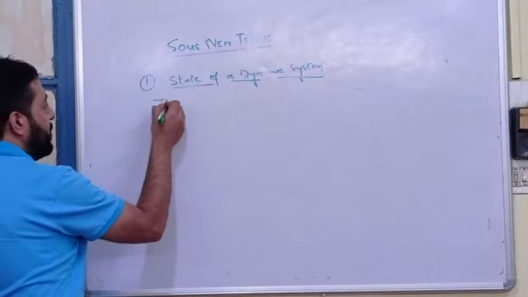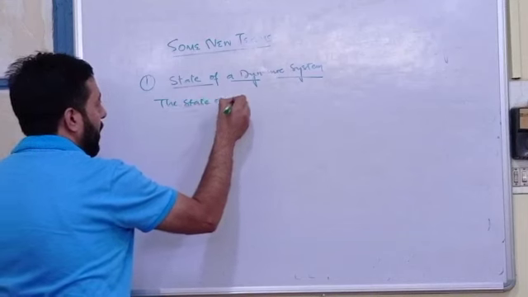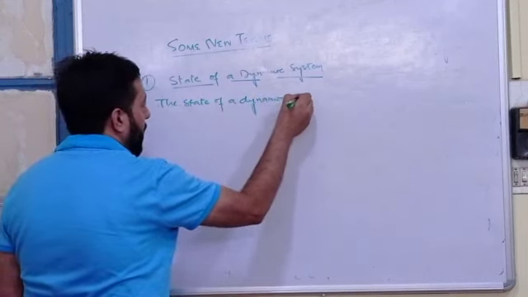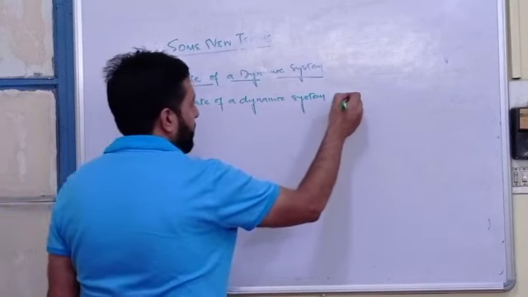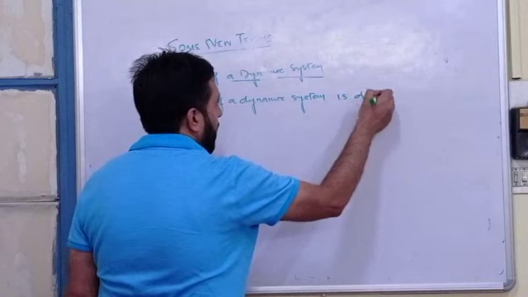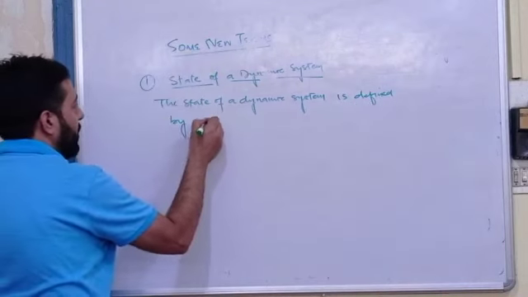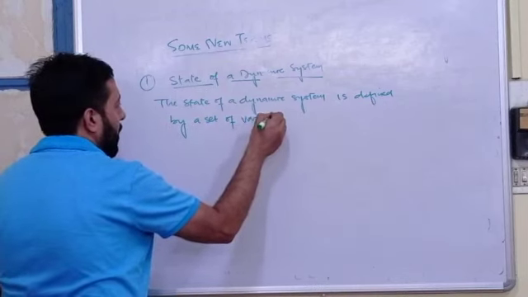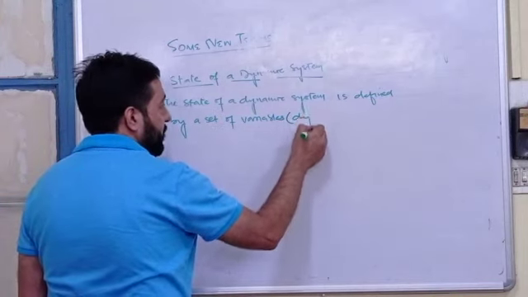The state of a dynamical system is defined by a set of variables, okay, which are actually the dynamical variables, है ना?